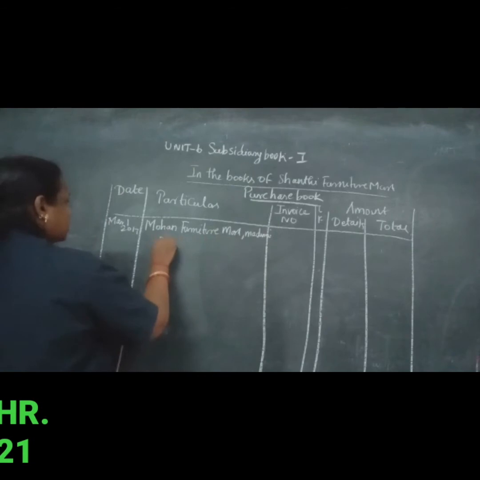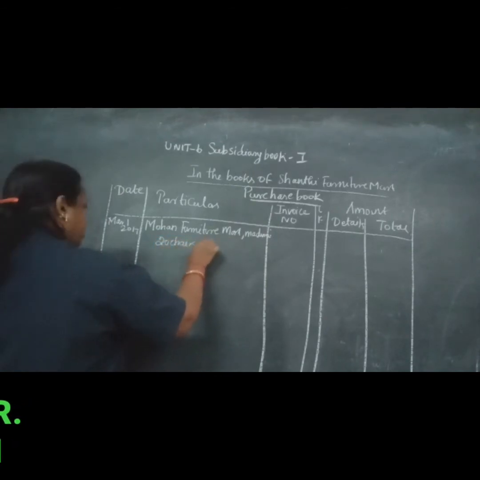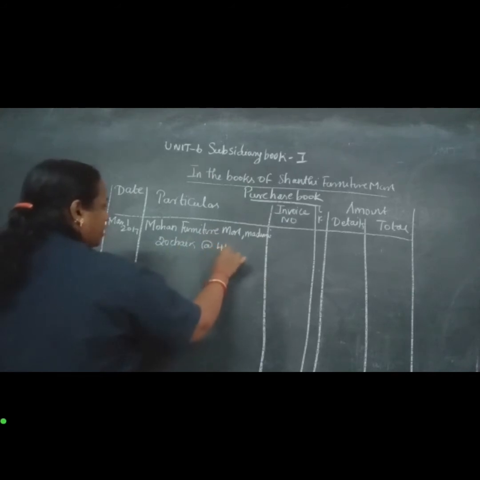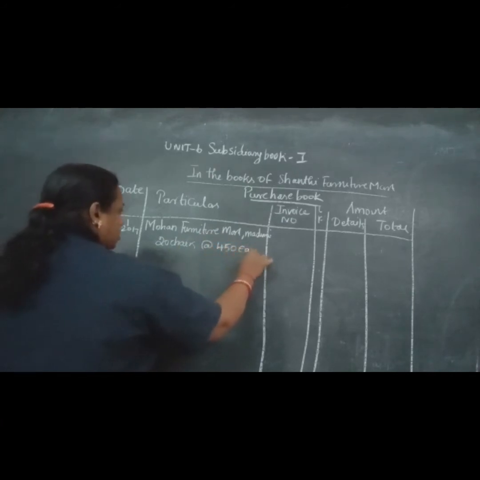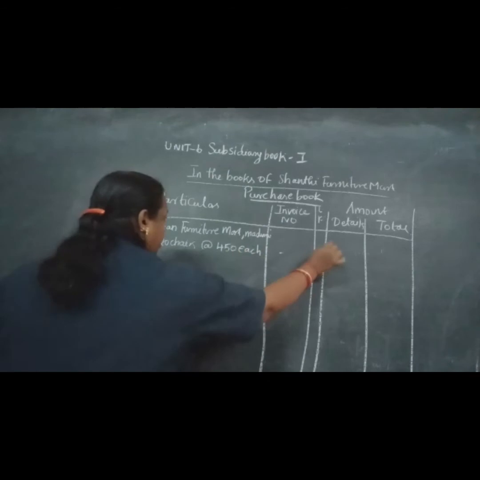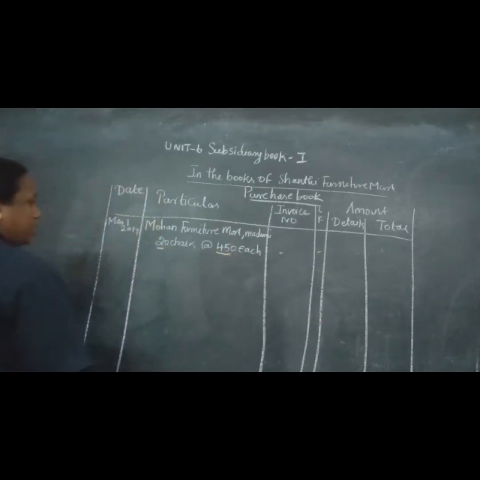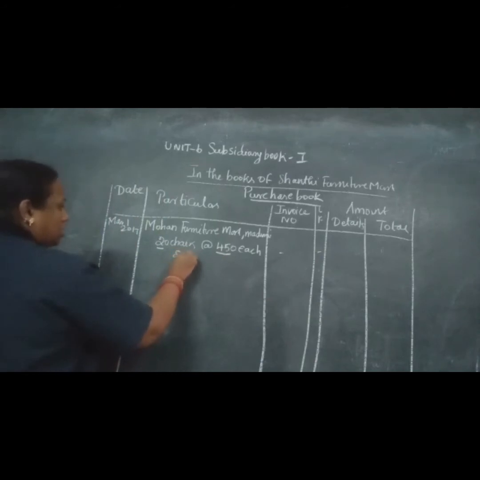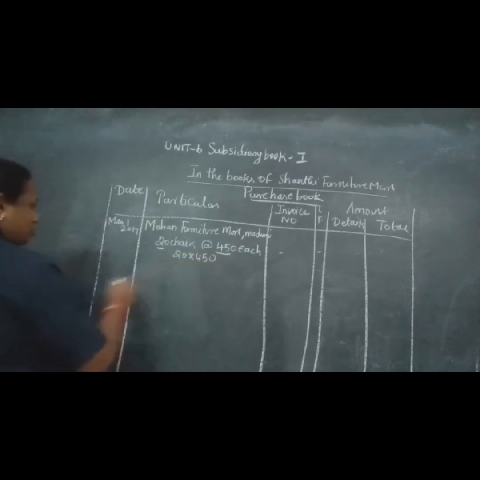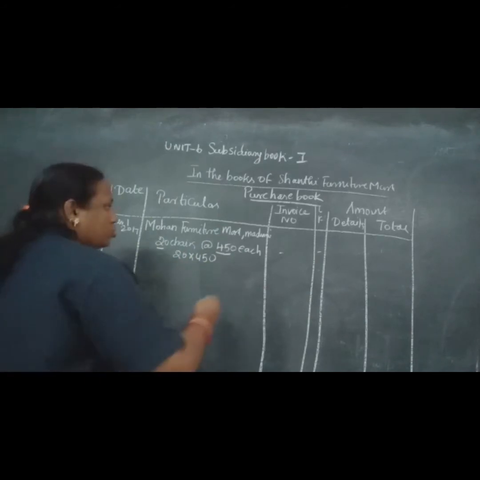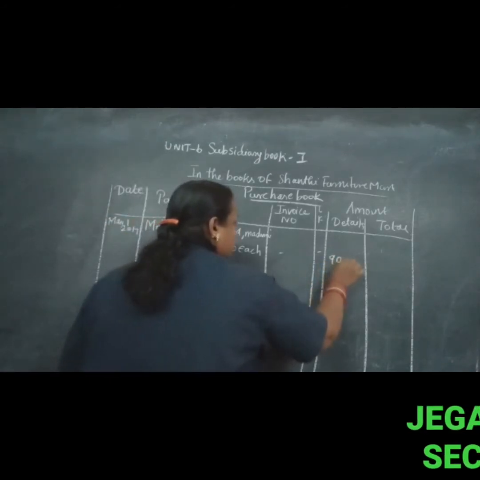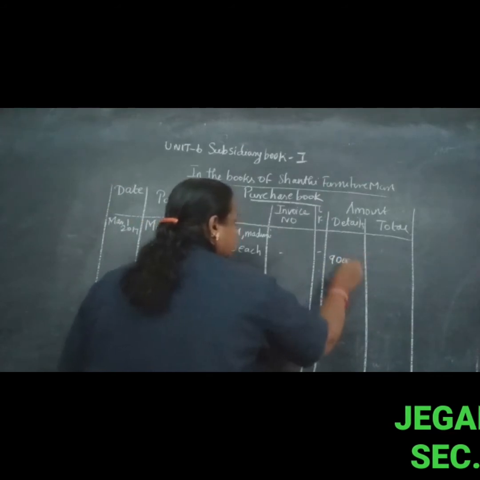20 chairs at the rate of 450 each. So 20 into 450, that is 9,000 rupees.